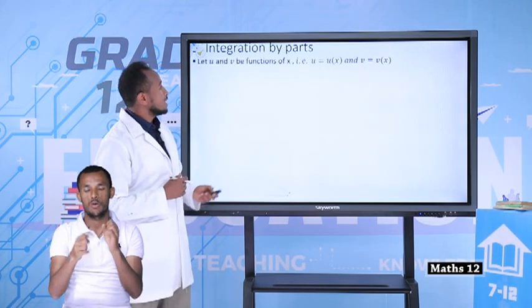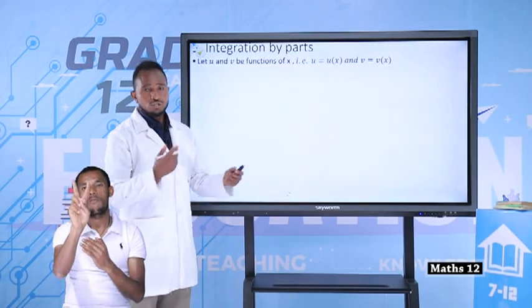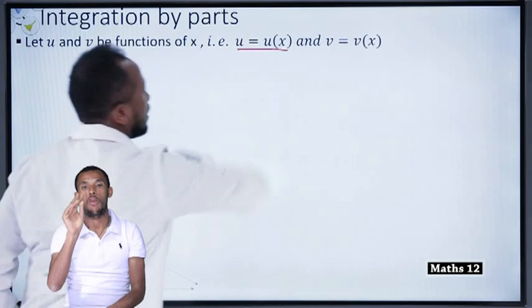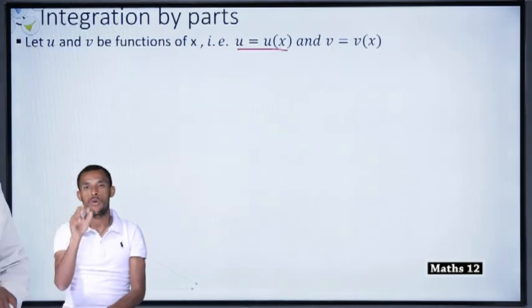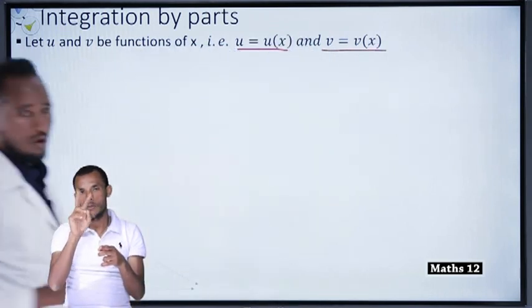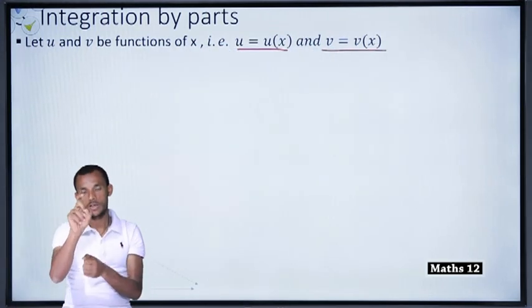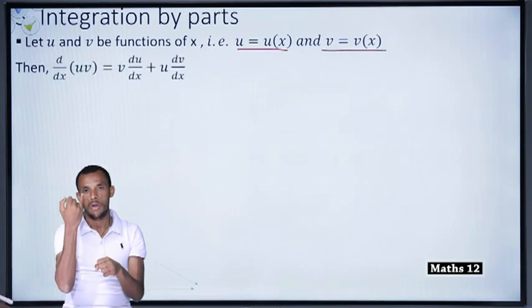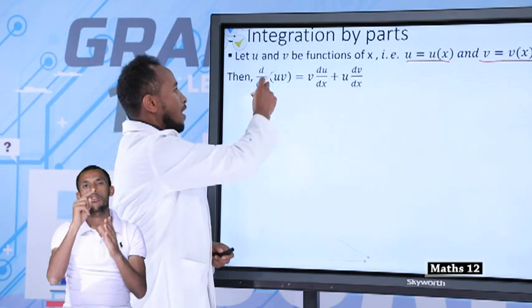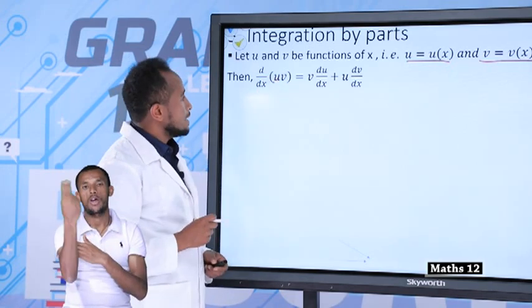So let's assume two functions, u and v, to be functions of x: u of x, and v of x.